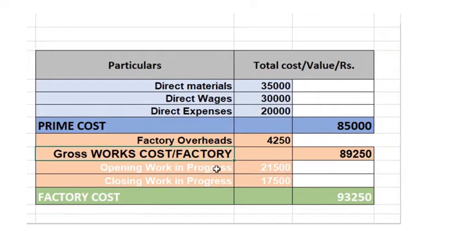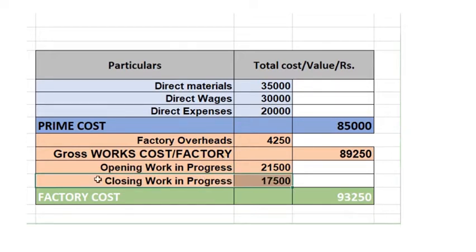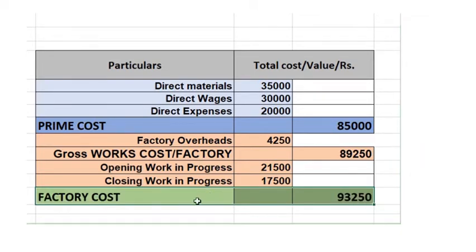Or factory cost. Now you have to add opening work in progress and less closing work in progress. So gross works cost plus opening stock minus closing work in progress is factory cost.